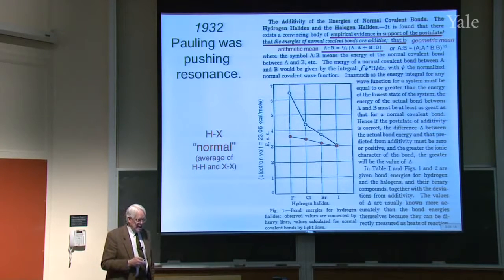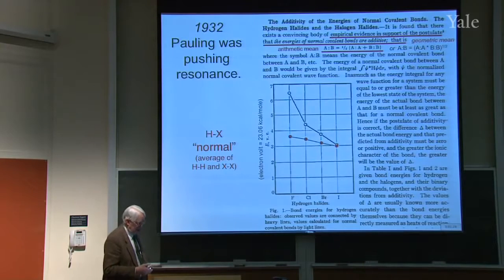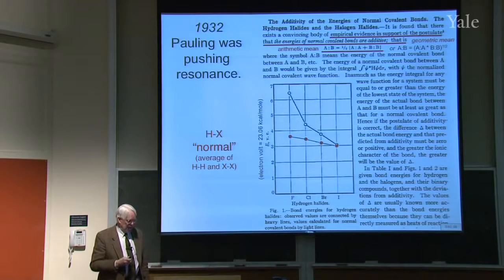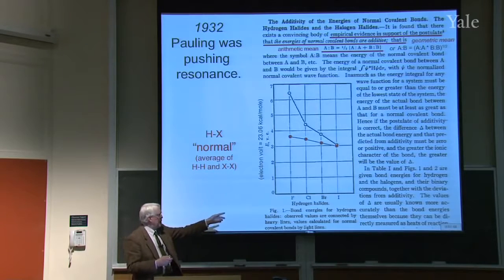So he uses then this plot where he's measuring the energies of the bonds, bond dissociation energies, in unusual units for us, electron volts, right? You multiply by 23 to get kilocalories per mole. Okay, so here are HX bonds that are normal, that is, calculated as if they were normal. They're the average of the HH and the XX for the different halogens, as you see, fluorine, chlorine, bromine, and iodine.